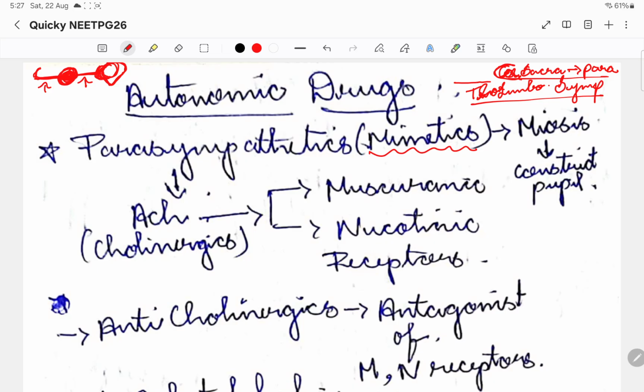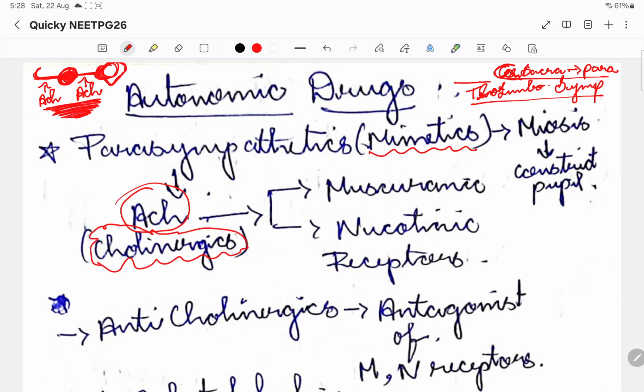When parasympathetic action is happening, acetylcholine gets released from the preganglion, and it is acetylcholine that acts on the postganglion also. Acetylcholine is the major neurotransmitter involved in the parasympathetic system. That is why the name cholinergics.